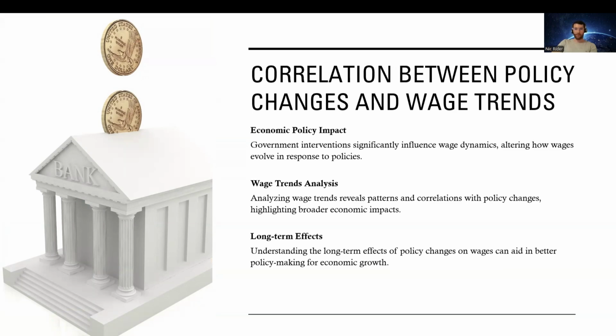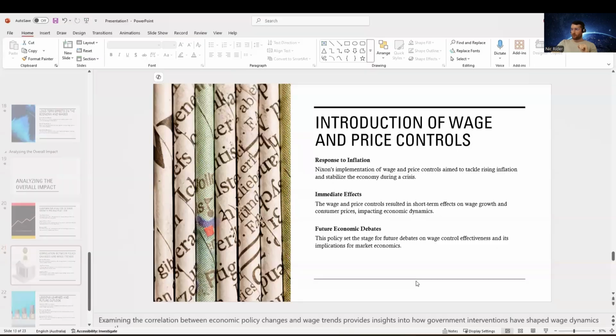But in conclusion, the period from 1870 to 1970 in the United States was marked by significant changes in real wage growth, influenced by industrialization, wars, economic policies, labor movements, Nixon's decision to take the US off the gold standard, and the rise of free market policies, which had lasting impacts on the US economy, shaping the economic landscape for decades to come. Understanding these historical trends provides valuable insights into the complexities of wage growth and economic policy within the modern era. So that's the end of my talk today.